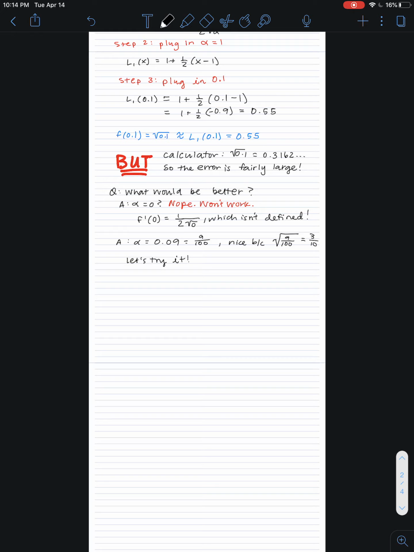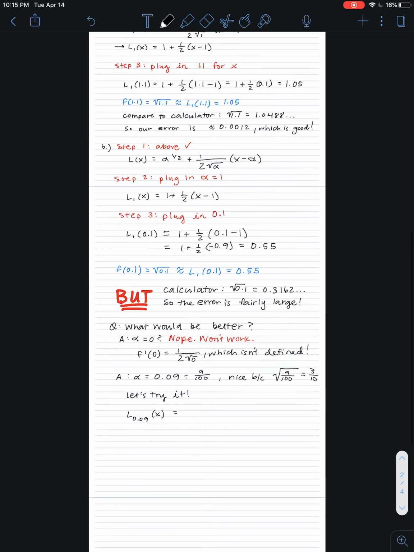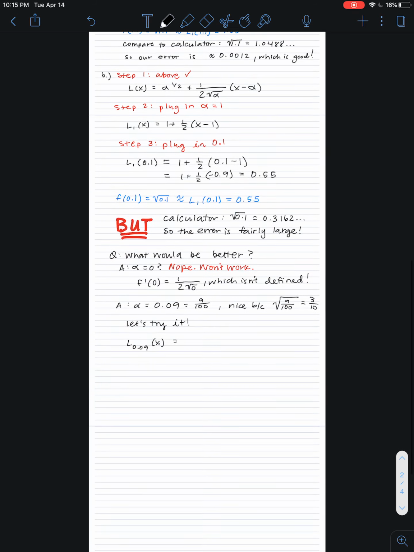We would have L of 0.1 here, let me, not L of 0.1, just L sub 0.09 of x is equal to, I need to go back to my general x function.